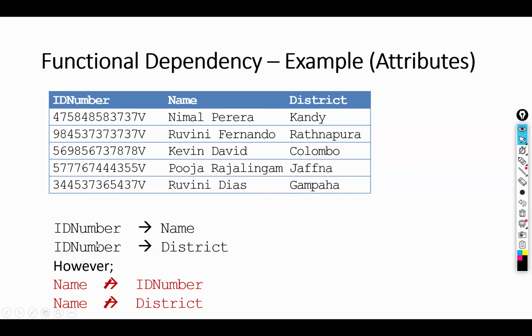I think last week there was a court decision, an appeal court decision, that one of the politician's wives having a fake ID number got 2 years imprisonment. So when we know the ID number, it must be unique.